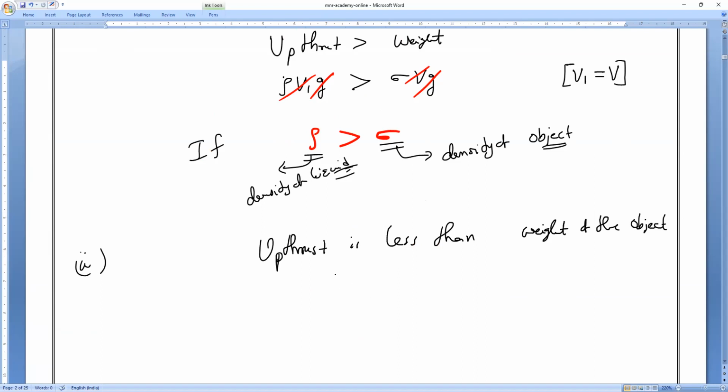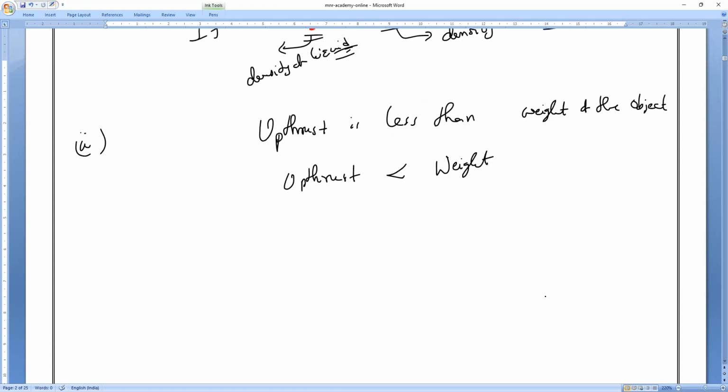Now you can see, upthrust means what? Buoyancy force. Upthrust is less than weight. So upthrust is rho V1 g, less than sigma V g. We all know that the volume of the displaced liquid is equal to the volume of the solid.